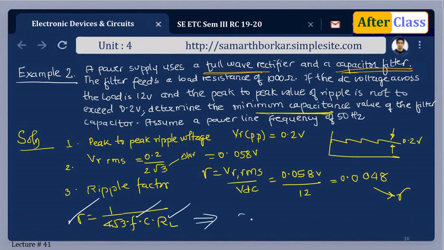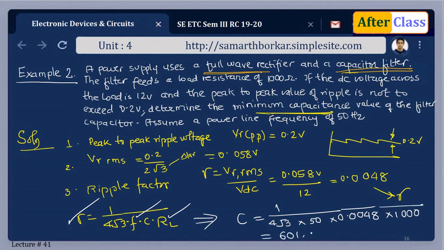So our job is to find the value of C. So C will be 1 upon 4 root 3 into frequency 50 into the ripple 0.0048 into the load resistance, that is 1000. So the answer is 601 microfarad. So this completes our problem.